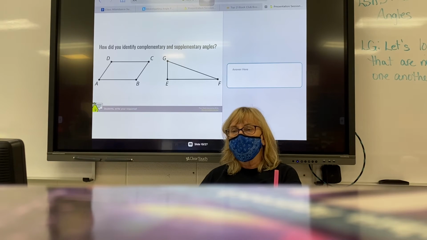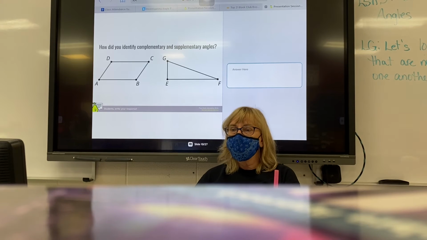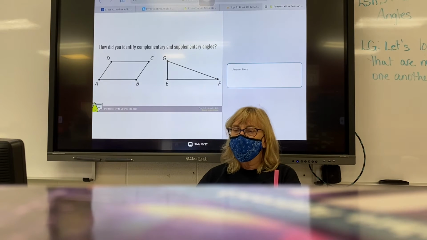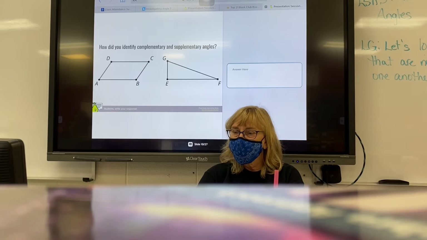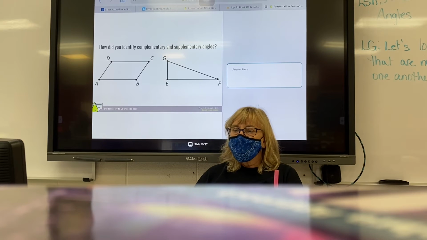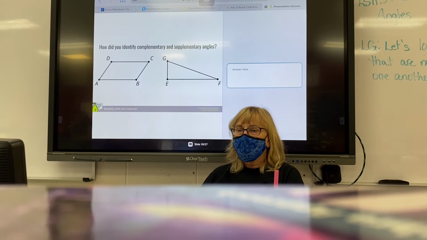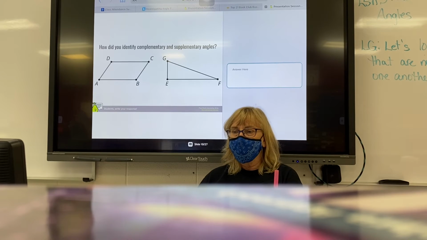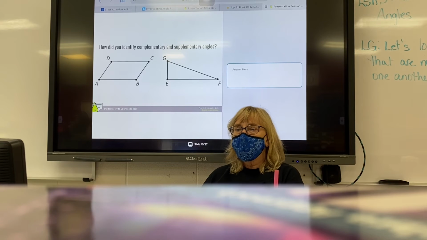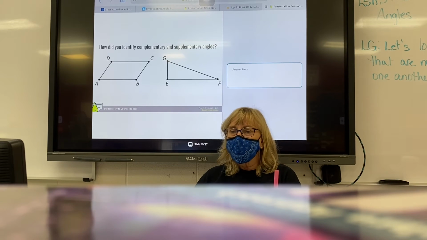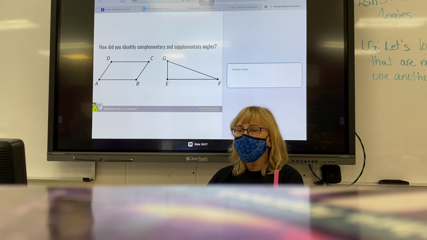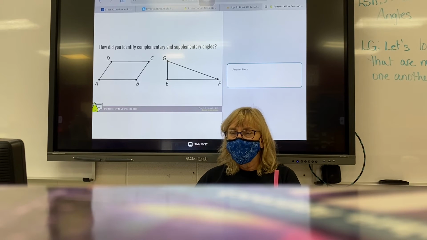Supplementary is a sum of 180. We're going to keep writing this over and over again until you get it in your head. Jahan, supplementary angles do not equal 90, they equal 180. Protractor; complementary is two angles that equal 90.